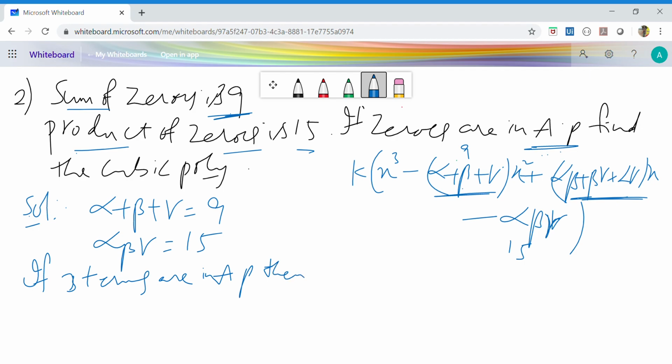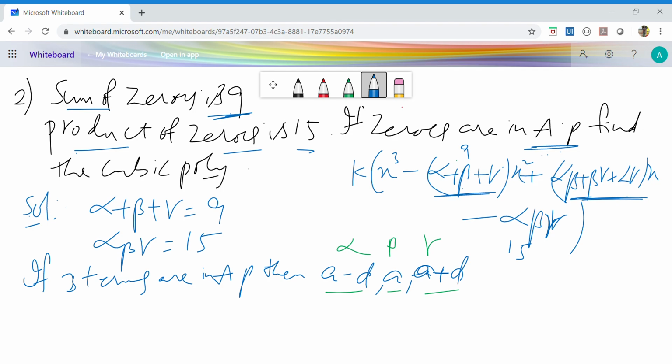Then they are A minus D, A, A plus D that you have to consider. So this is alpha, this is beta, and this is gamma you have to take.